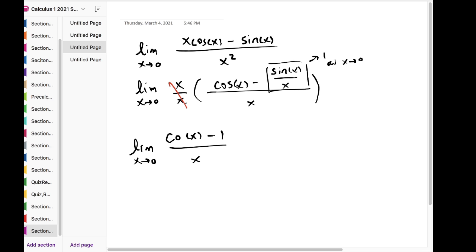What can I multiply cosine x minus 1 by to make a Pythagorean identity? Very similar to our how-to-deal-with-radicals trick.